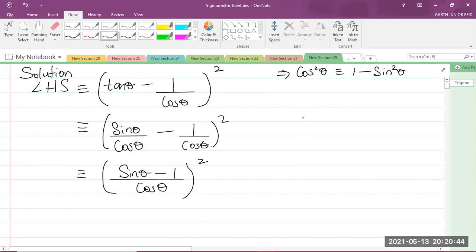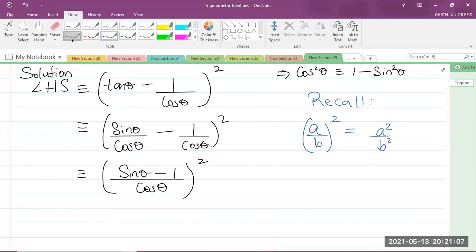Now I'll be using our laws of indices here. If you're squaring a fraction, let's say a divided by b, that is equal to the square of the numerator, a squared, divided by the square of the denominator, b squared.